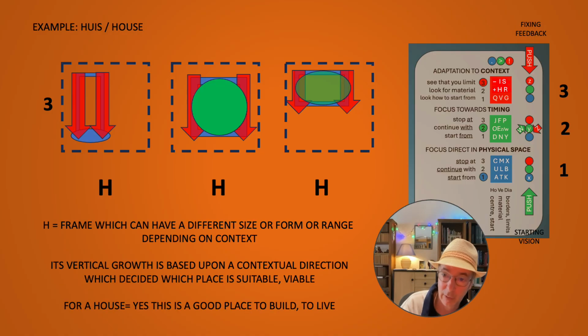And then in the end, of course, I go also in logic deeper. I have the frame, I have the direction, and now I have the place. Thanks to that, I found the place in which H can be prosperous. Here I have 3 examples, and they're all expressed H. And that's a very good place to build and to live and to have a viable situation in there.